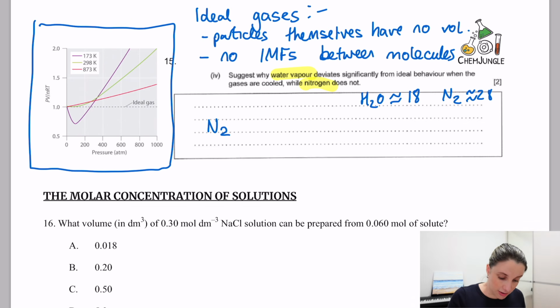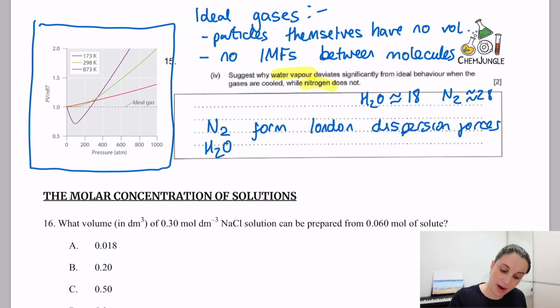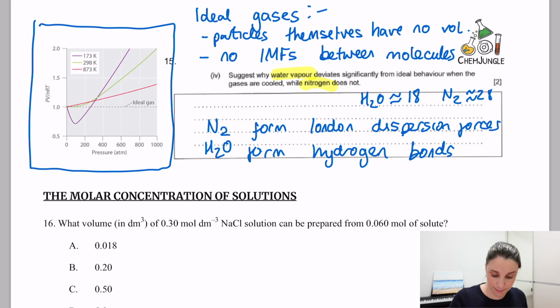So, to get the marks in this question, you need to talk about how nitrogen molecules form London dispersion forces only, whereas water molecules form hydrogen bonds. So that will get you 1 mark.